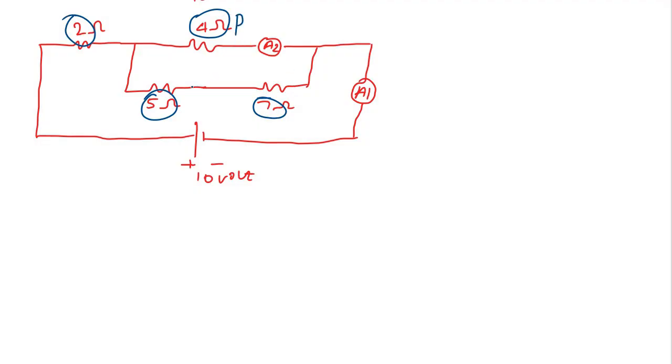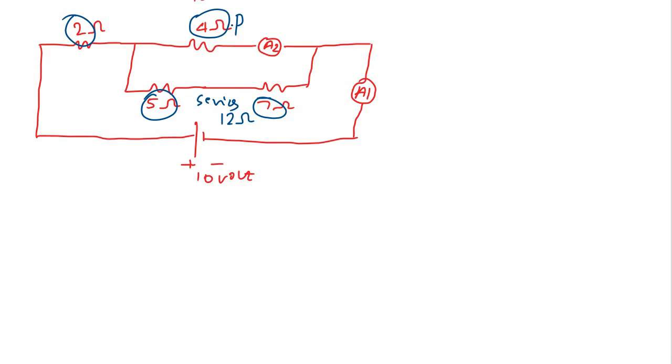This 4 ohm and this combination, how much is this combination? These two are in series, right? So in series, how much do we get? We get 7 and 5, which means 12 ohm. We have a 12 ohm resistor here.